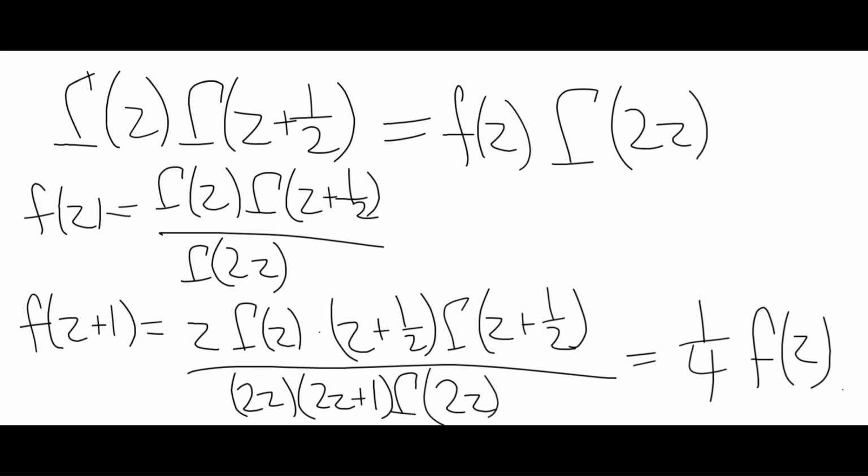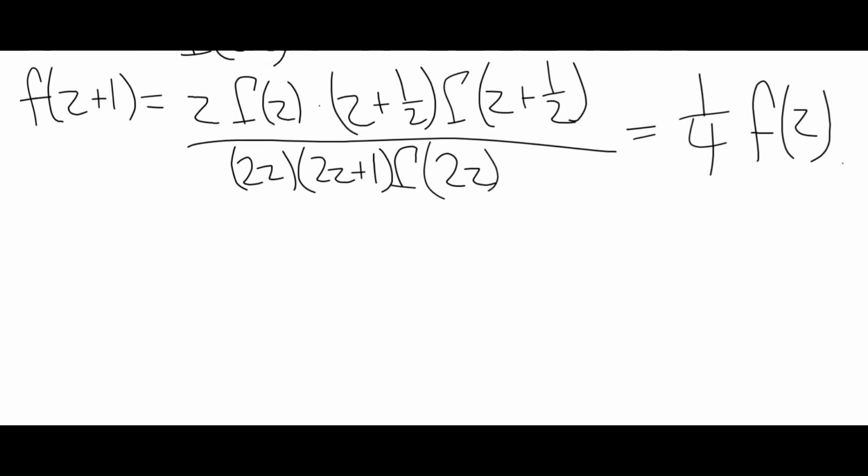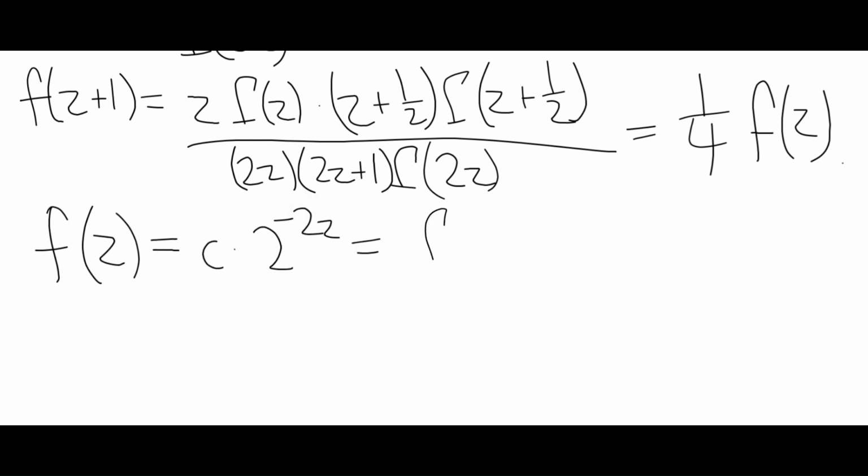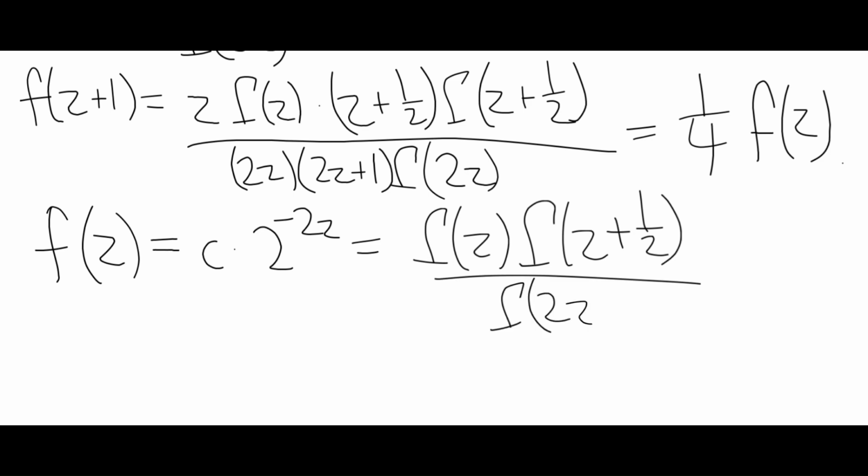If f is a nice function, which it should be, then it should be exponential, and the base should be 1/4, because each time you increase z by 1, you multiply by 1/4. So if we were to guess what f should be, it should be some constant times 1 over 4 to the z. I'll just write that as 2 to the minus 2z. And remember, this was gamma of z, gamma z plus 1/2, all over gamma of 2z.